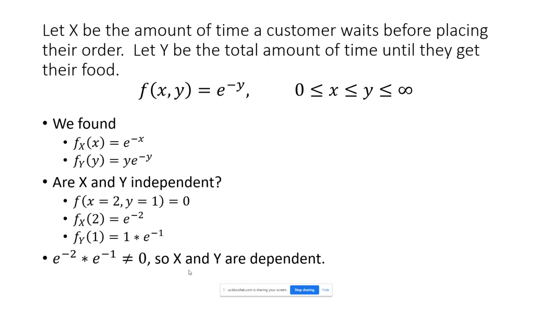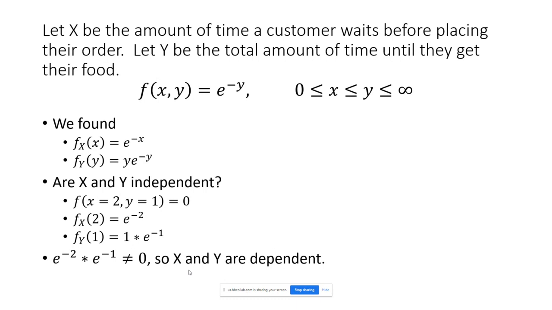Kyle: Why couldn't we just initially say that f of x times f of y doesn't equal f of x, y? So it's often easier to prove it by looking at a specific case.